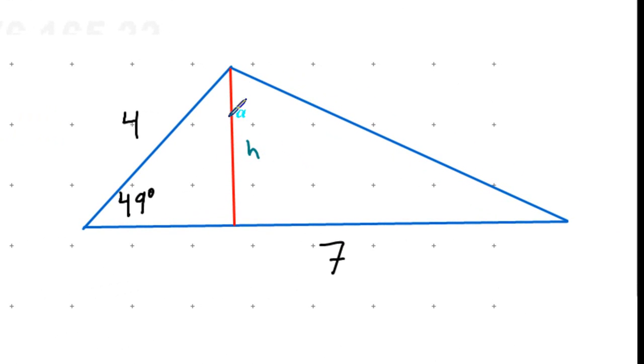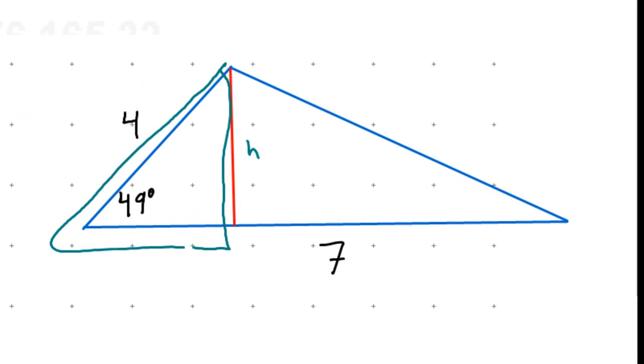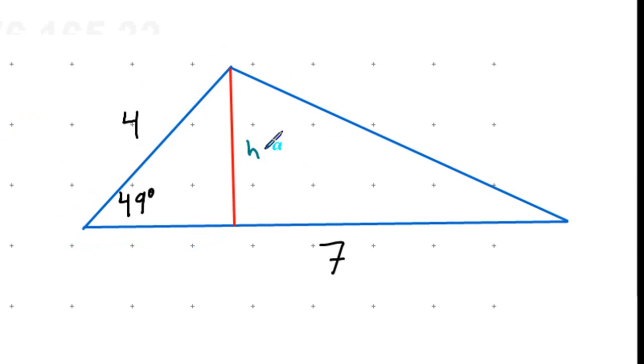If I break down this internal triangle, I'm able to find this h, because I have a right angle here, so I have formed a right triangle. With this small triangle, the 4 is now my hypotenuse.